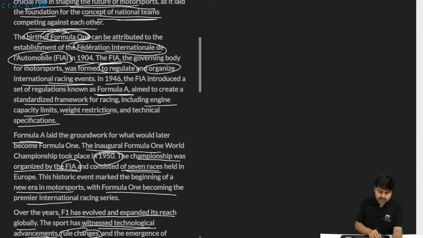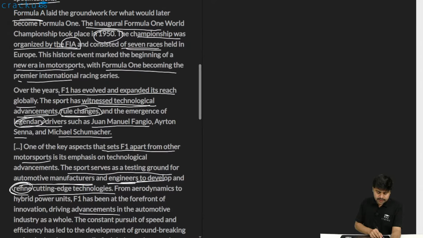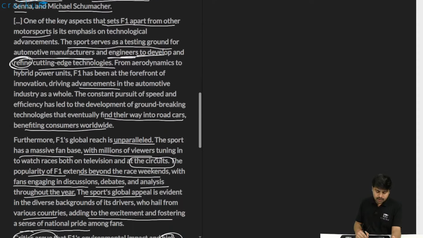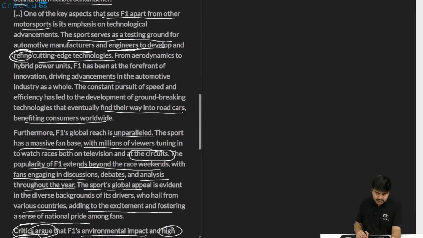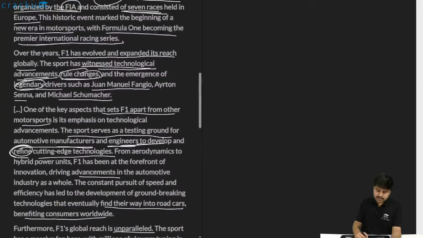And then we went on to the birth of Formula 1 and the regulations that were generated by FIA, and how they contributed to Formula 1, as well as the naming of Formula 1, because these rules and regulations were referred to as Formula A. And this laid the groundwork for international racing series, seven races held in Europe, and then over the years advances are happening, right? How F1 is different from other motor sports. And lastly, we discussed the environmental impact of F1 and what F1 is doing to ensure its long-term viability and address its carbon footprint. So, pretty simple passage.